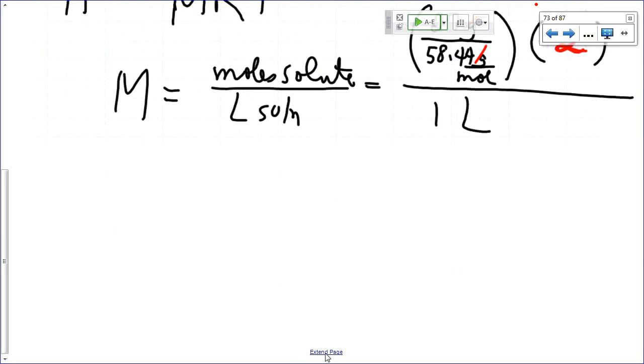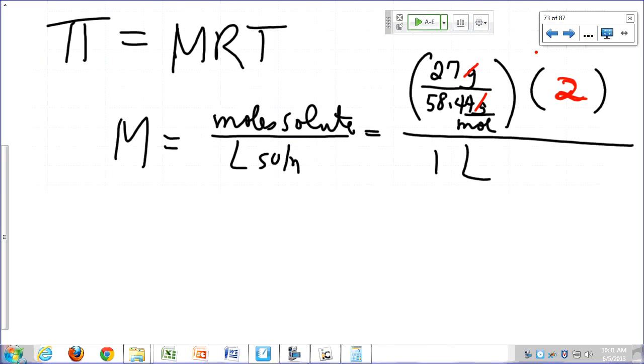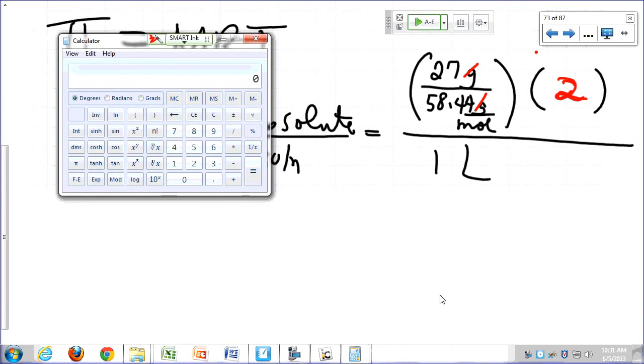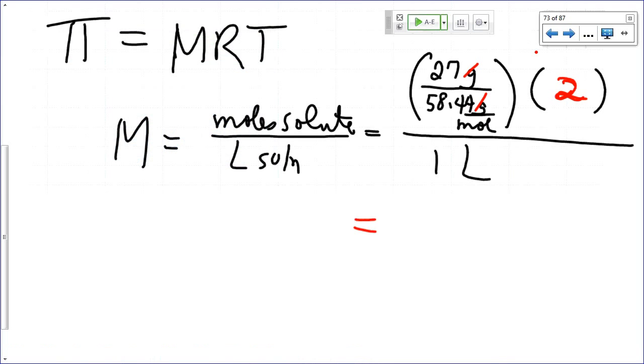So what is that number? Okay, 27 times 2 divided by 58.44. It's 0.924 moles per liter.